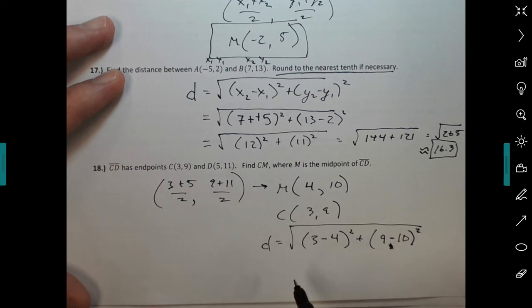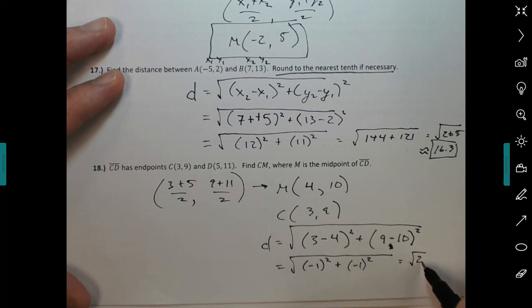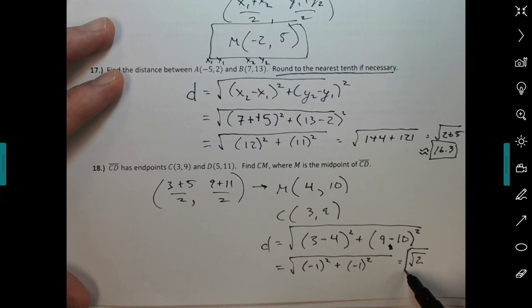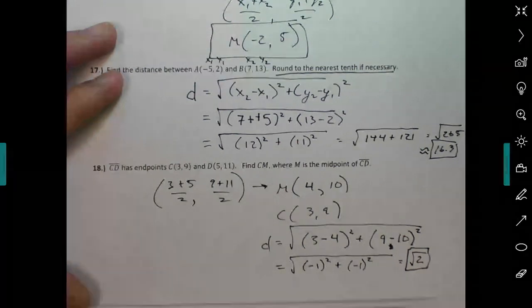Those are some of the common mistakes that can happen here. 3 minus 4 is a negative 1. Now here we got to be careful. Negative 1 squared is actually going to just be 1. 9 minus 10 is also negative 1. So if we square those, we're talking about 1 plus 1, square root of 2. If I wanted to plug it in a calculator, I could. Or you know what? I can actually just stop right here and have a beautiful, precise answer. So that is page 3.